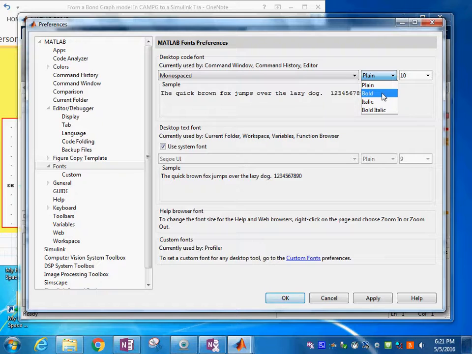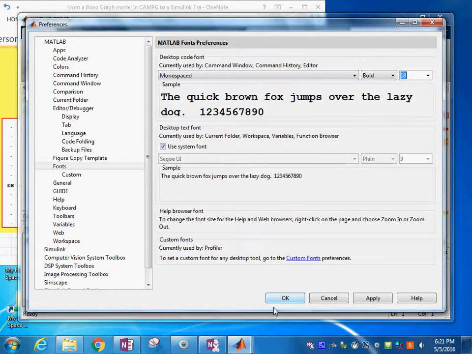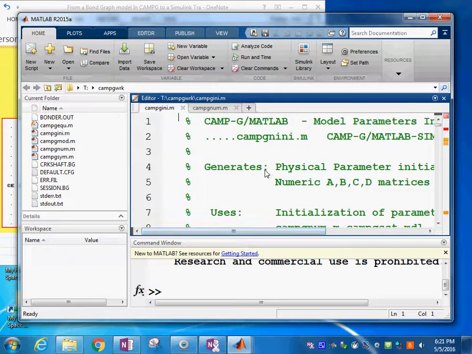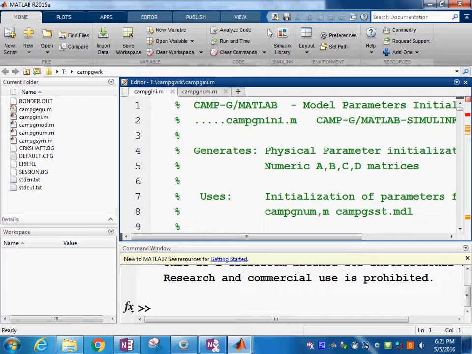I am going to make it bigger and make it bold, and then you can see it really well.